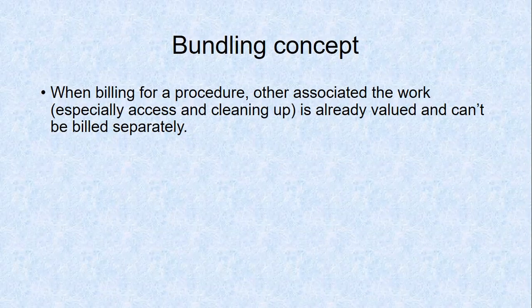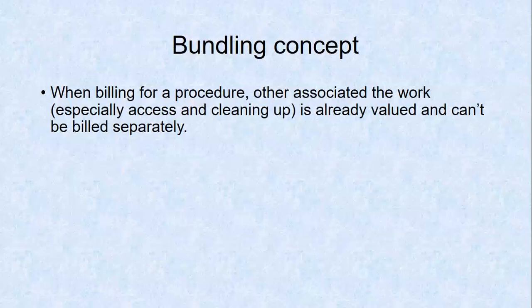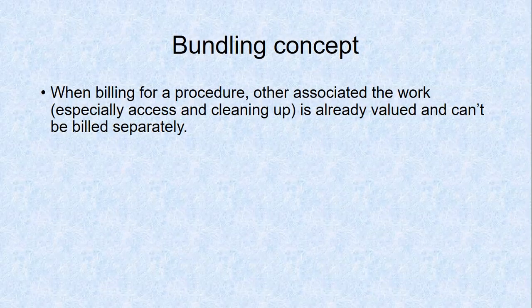The bundling concept is when billing for a procedure, the other associated work is already valued and can't be billed separately. So if performing a cystoscopy with a ureteroscopy, you don't bill for the cystoscopy separately. The cystoscopy value is already paid with the procedure itself.